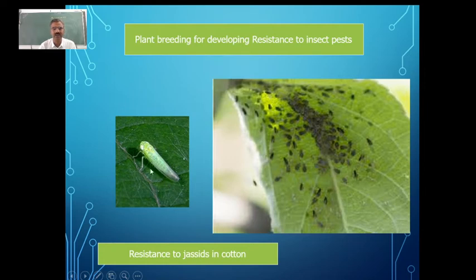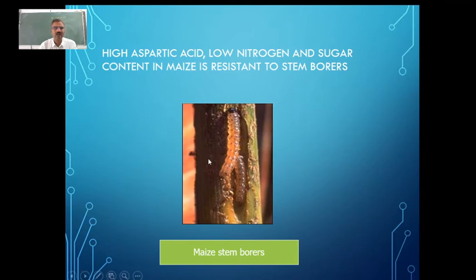These are one of the major insects which are causing havoc in the field of agriculture by damaging many plants here. And high aspartic acid, low nitrogen and low sugar content in maize is resistant to stem borers. These are all the physiological adaptations you can see here. These are the stem borers.